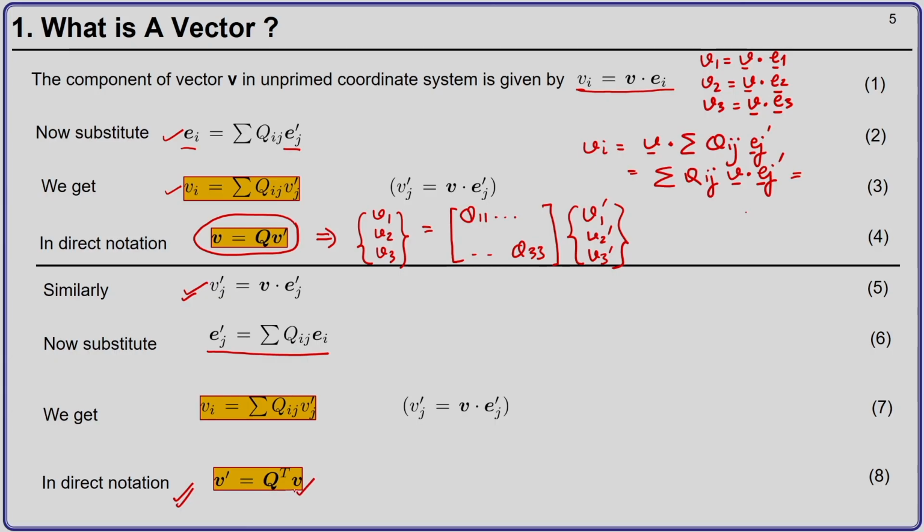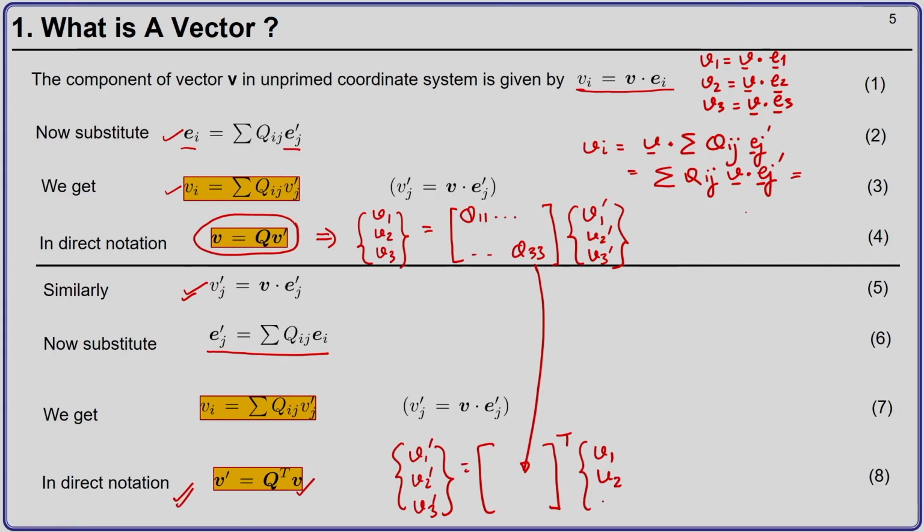So, in the unprimed system, the components of the vector can be written as vector v, and in the primed system we have v dash. So, v dash will be q transpose v. So, you will have v1 dash, v2 dash, v3 dash equal to this matrix q transpose times v1, v2, v3.